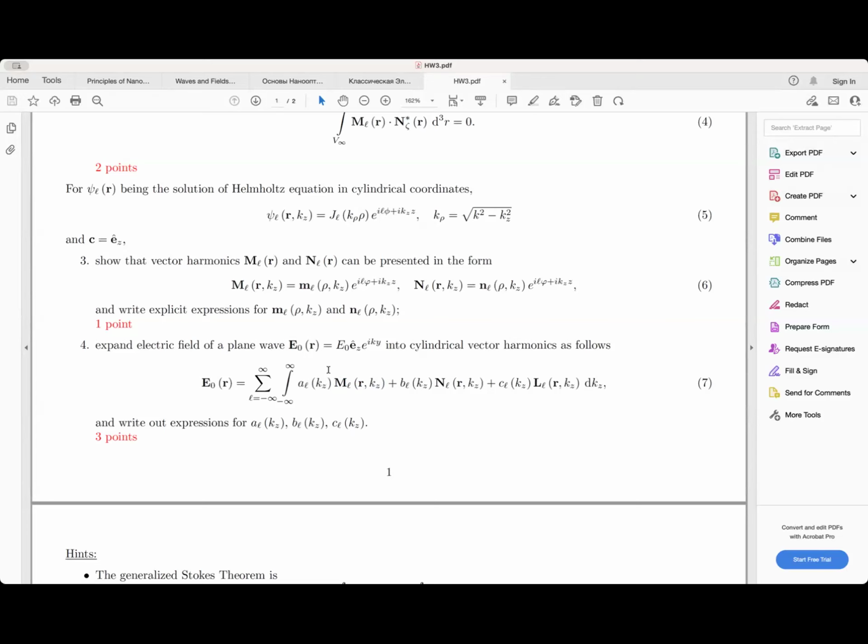То есть проблема в том, как вводить норму. Если внизу у нас нормировочный интеграл, то когда мы интегрируем все это по kz, у нас получается бесконечность. Но эта бесконечность на самом деле дельта-функция от нуля.